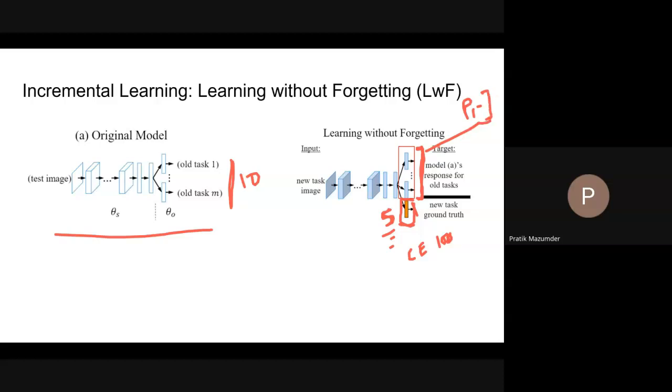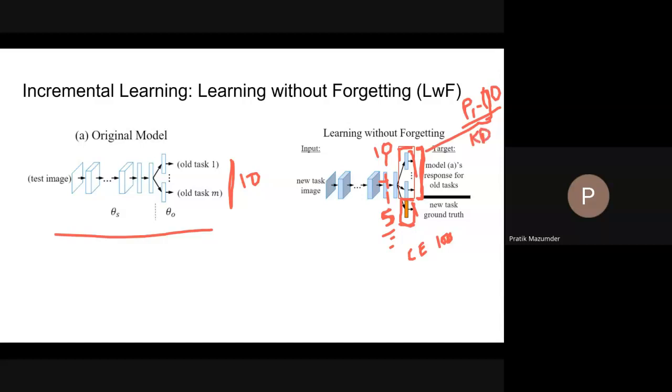You have 10 plus 5 outputs in your current model, and your previous model had an output of 10. You apply a cross entropy loss for your current classes, but for the same image you ensure that the first 10 values of your output exactly match the first 10 values of your previous model using knowledge distillation.